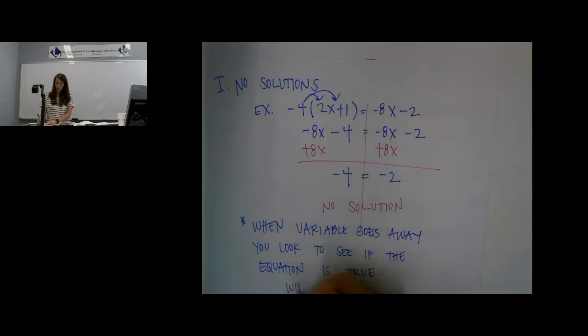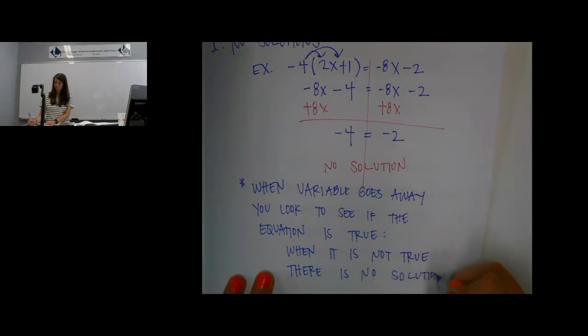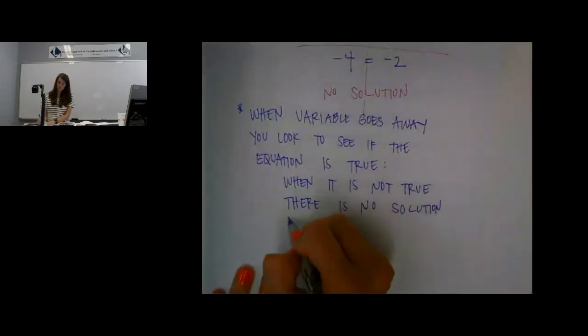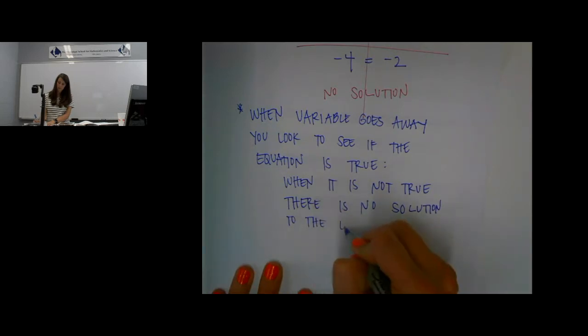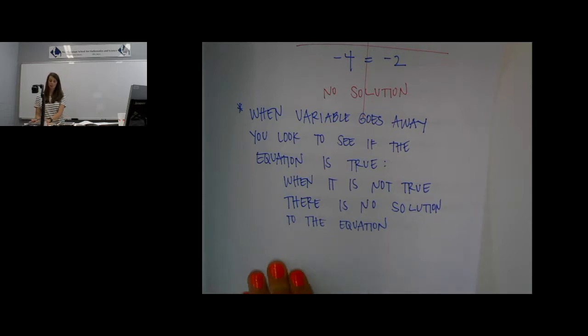When it is not true, like that above one, there is no solution to the equation. That just means that there's no value that you could possibly plug in there that will make the equation true. There's no x value that will make that equation true. So that is where you have a no solution.